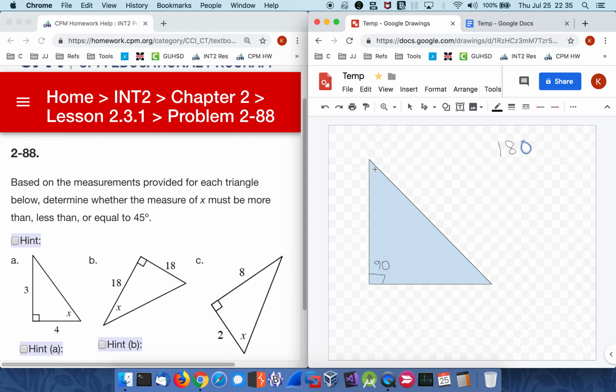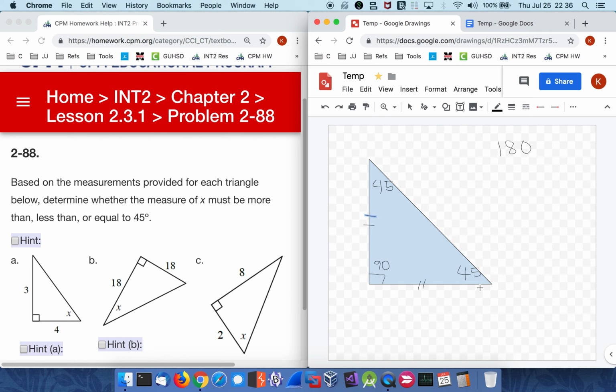So what would be the way that they are 45 degrees? If this was going to be 45, and this was going to be 45, what would have to be true? If these two angles are the same, what would have to be true about these two sides? Well, they'd have to be exactly the same length, because it's an isosceles triangle.